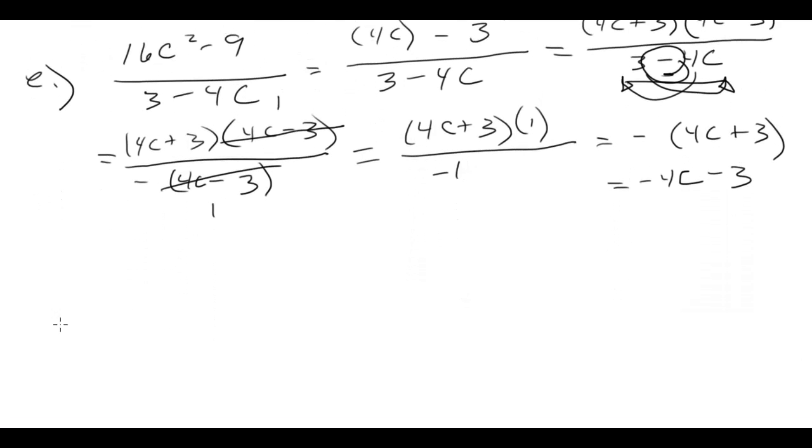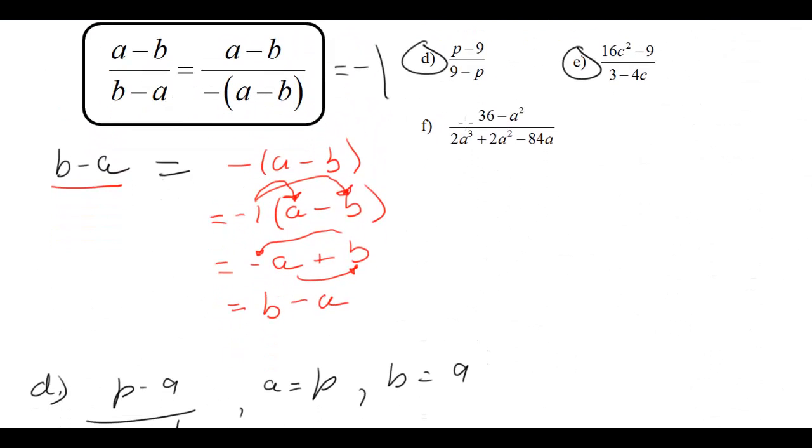Let's look at the final one, f. All right, what was f? This is f. You can see the numerator is, again, a difference of squares. Oh, look at this. We have a polynomial of degree 3. We haven't done many of those in class. Let's see if we can factor that little puppy.